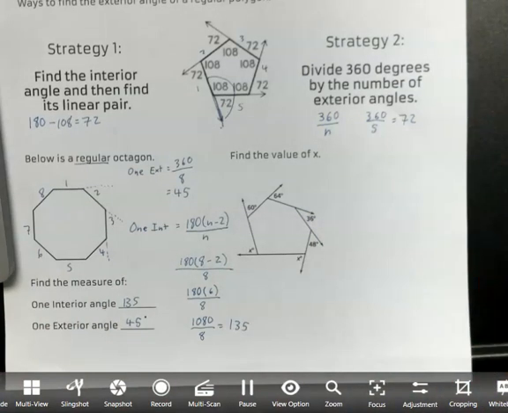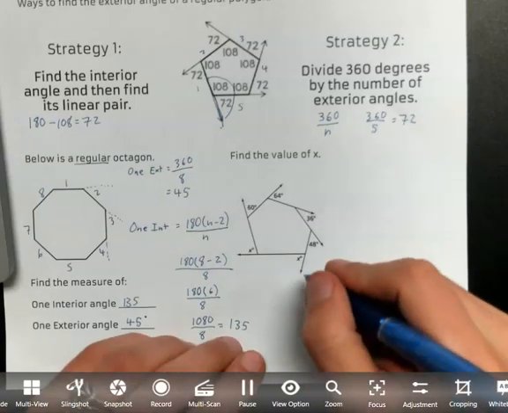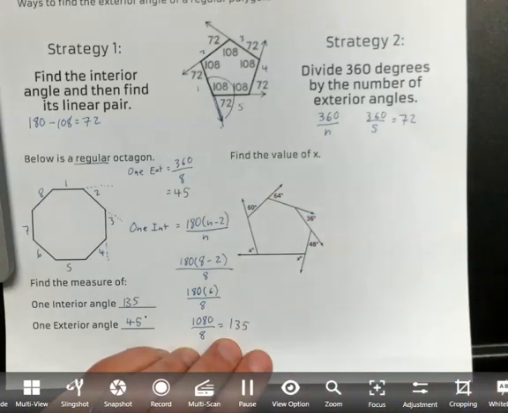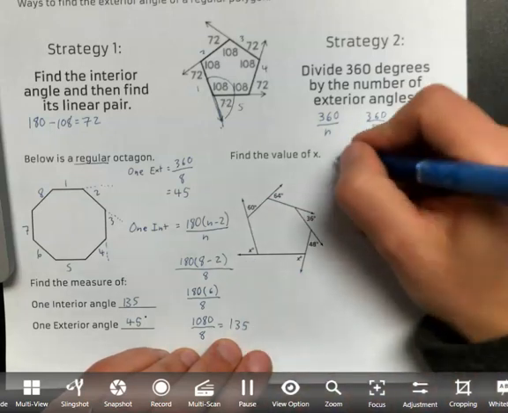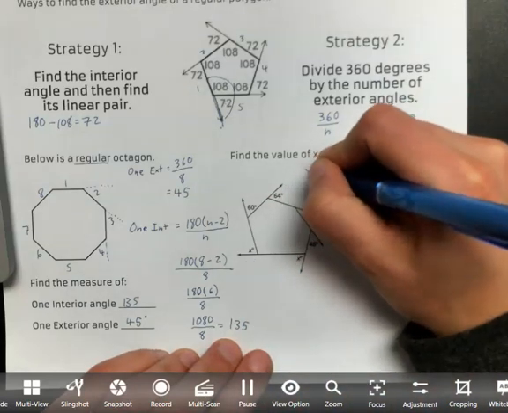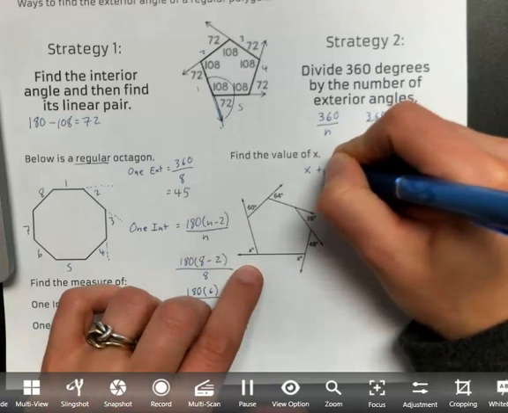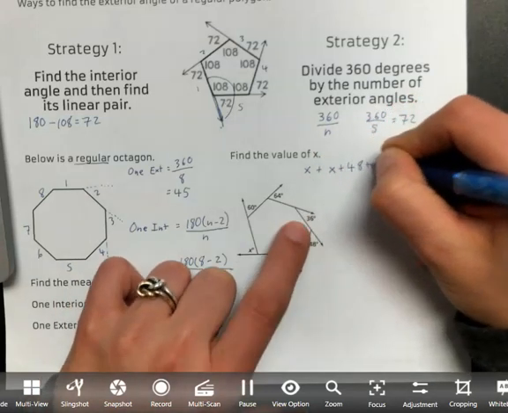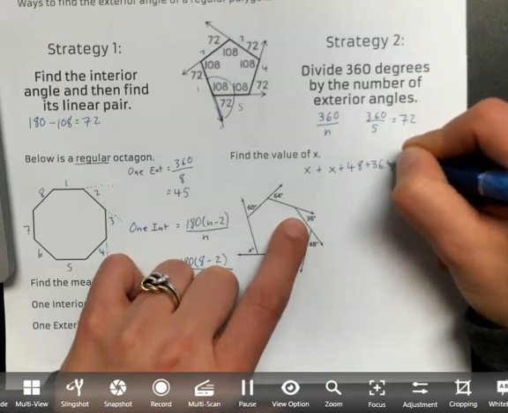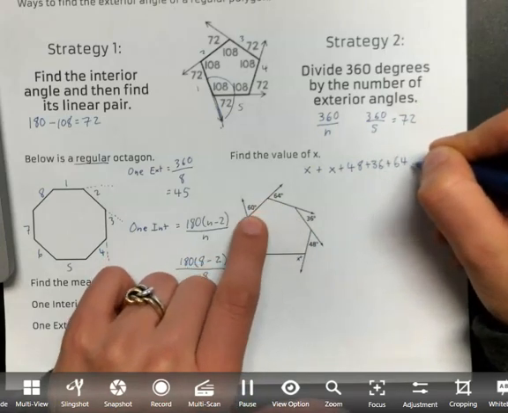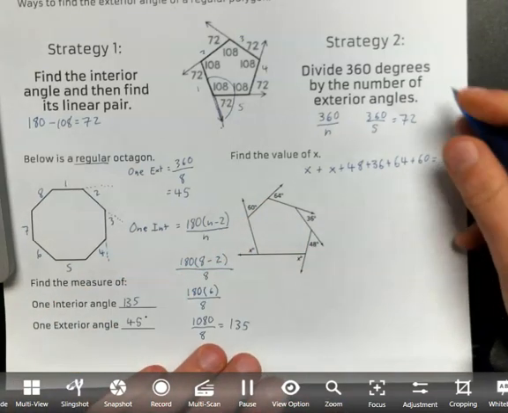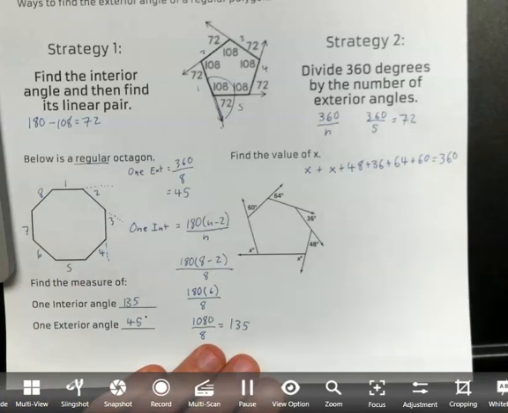Now how do we find the value of x here? We say that all together these exterior angles should add up to 360. So I'm going to add up this x plus this 48 plus this 36 plus that 64 and then plus the 60, and now I'm back to where I started. All of that added together equals 360.